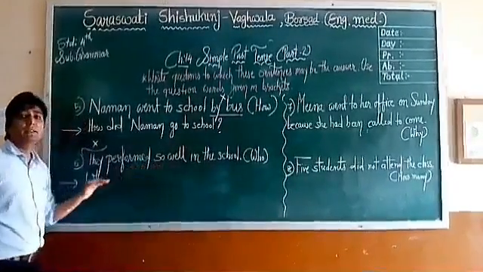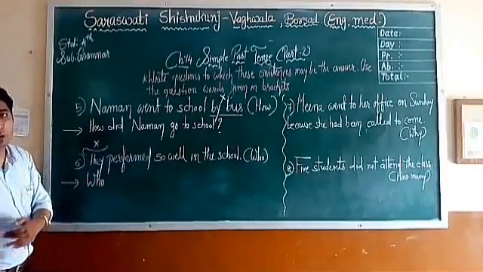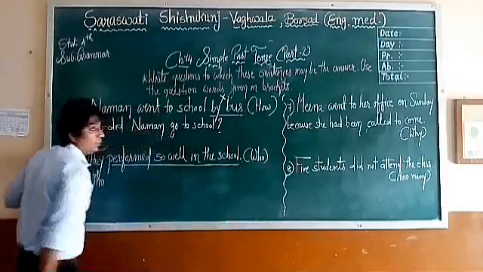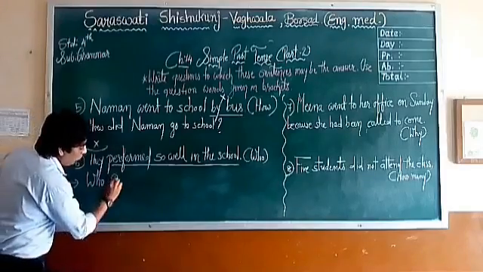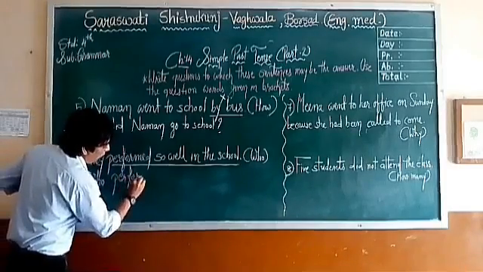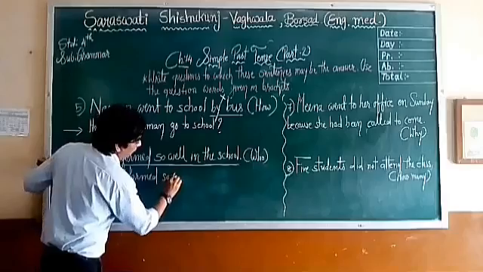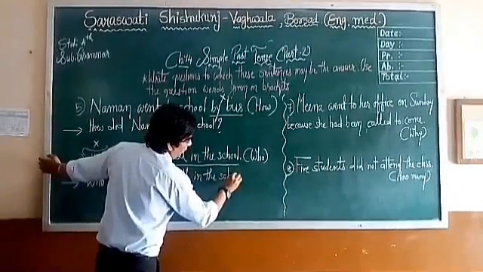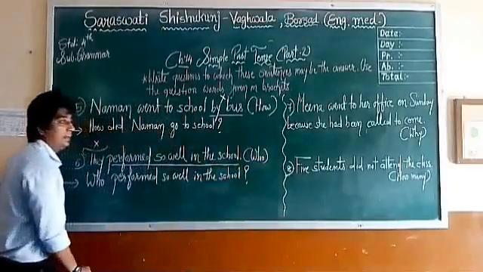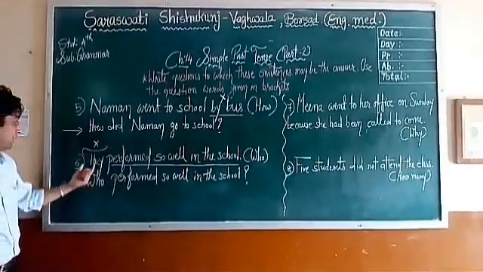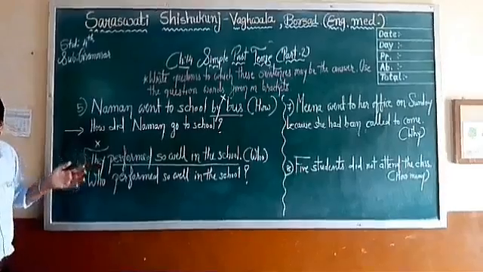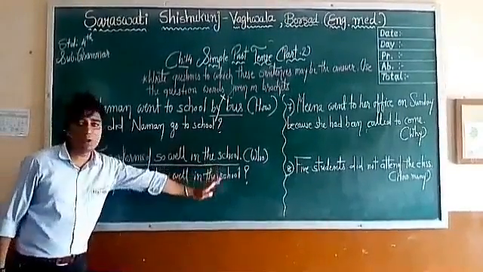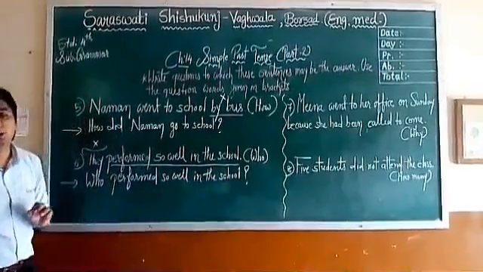If it is a simple sentence and if you want to convert it to a question with who, then based on the sentence you have to write it as it is. Who performed so well in the school? Okay, question mark. See, nothing I have changed except they. They is the answer, so I did not write it. Instead of that, I have written who, and the rest of the sentence I have just copied. At the end, I have kept the question mark.